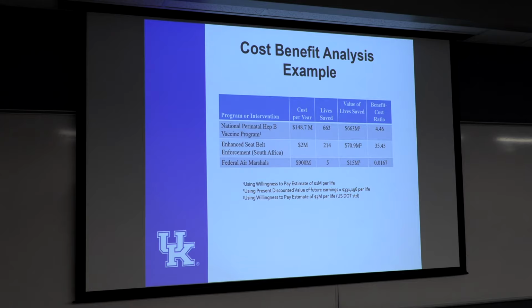And here, I actually compiled 3 different studies. The first was, what's the cost benefit of having a national perinatal Hep B vaccine program? It would cost about $148 million. It would save about 663 lives. And here's where the rubber really meets the road.